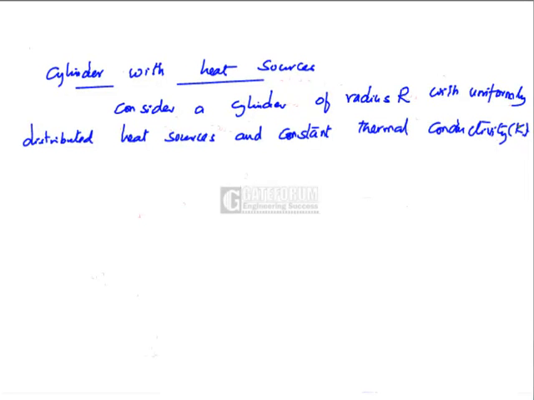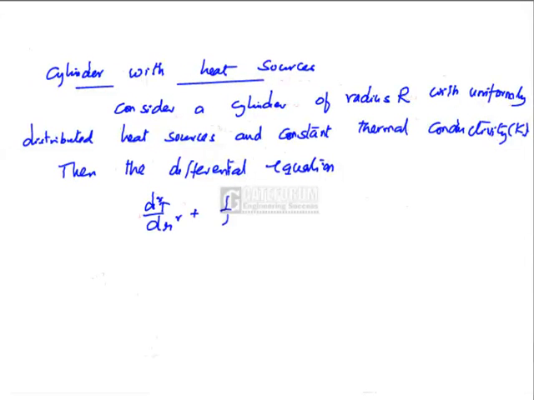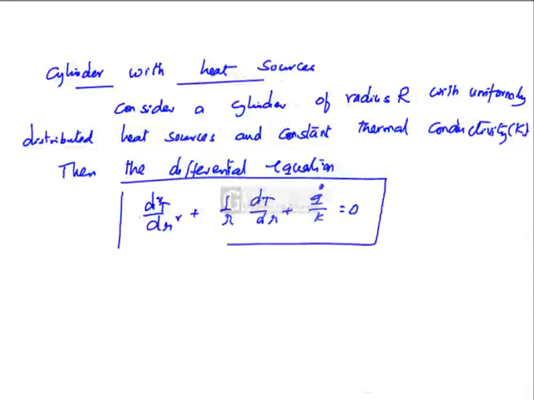If the length of the cylinder is very long, then the differential equation would become d square T by dr square plus 1 by r into dT by dr plus Q dot by K is 0. Here the assumption is one-dimensional heat transfer, steady state heat transfer, constant thermal conductivity.